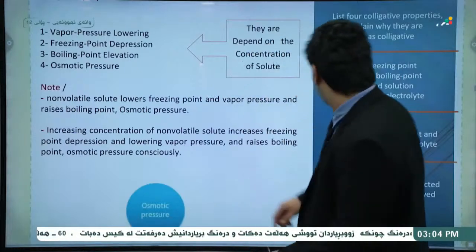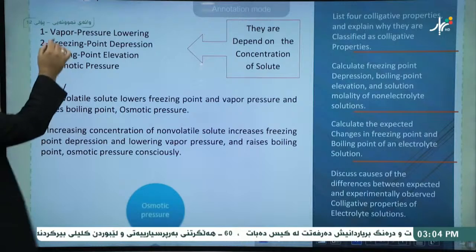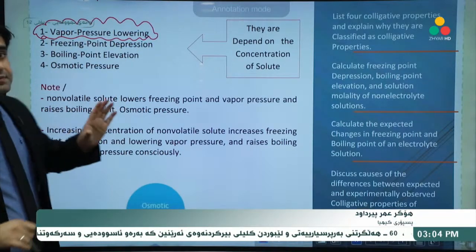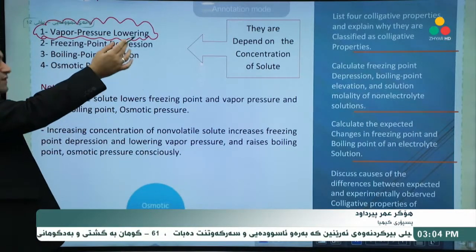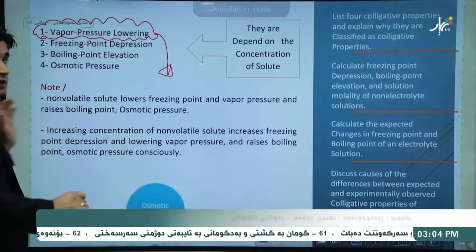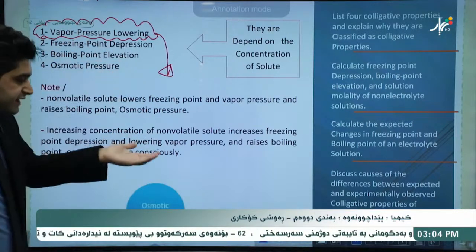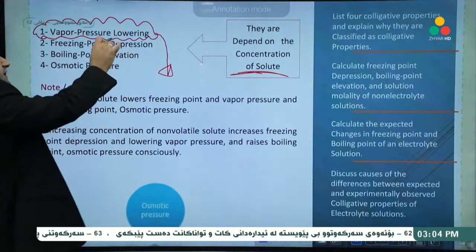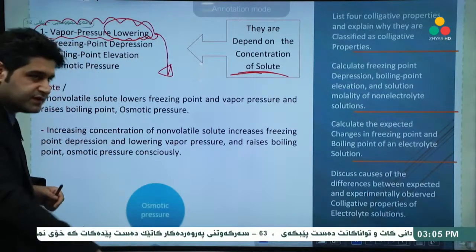When I mention vapor pressure lowering, I mean lowering in vapor pressure, not only vapor pressure. If we increase the concentration of the solute, we will have more lowering in vapor pressure, not increasing vapor pressure. Don't confuse them. If we increase the concentration of the solute, we will see more lowering in vapor pressure.